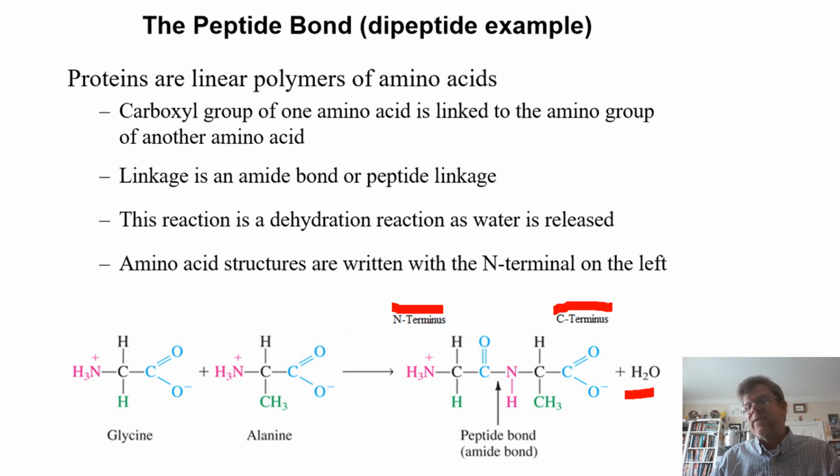The peptide, in this case called a dipeptide because there are two amino acids that go into it, is still N terminus to C terminus. Whether it's one amino acid, a 2 amino acid peptide, or a 400 amino acid protein, we always have a directionality considered, and that is always N terminus to C terminus, always.